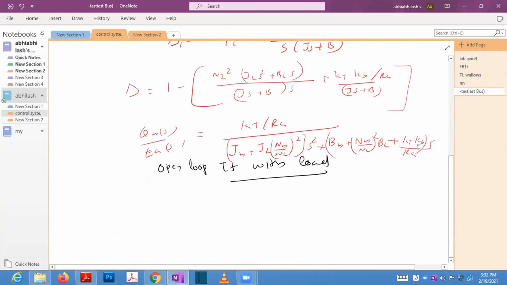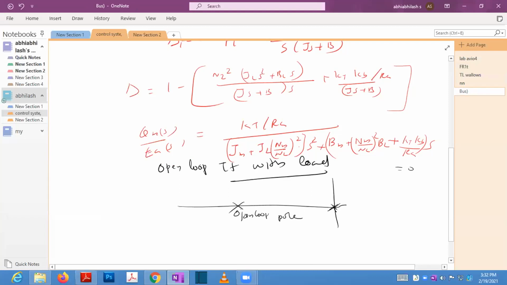For this system you have derived, there are two poles, one pole at s equal to 0, and another you get by setting this denominator to 0. So one will be here at 0, one will be here. These are open loop poles.